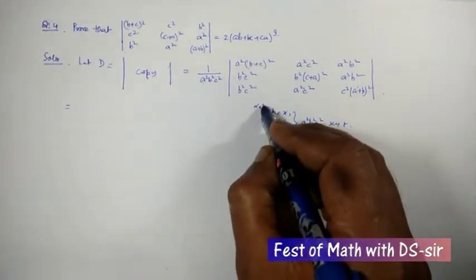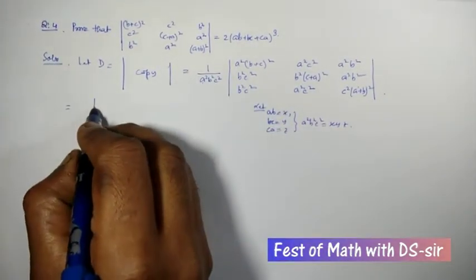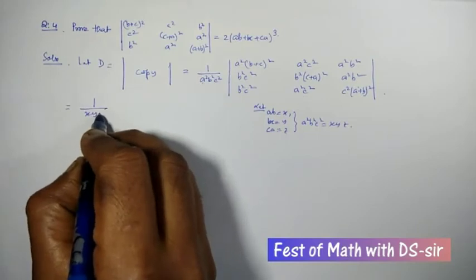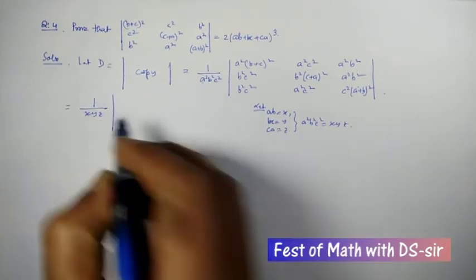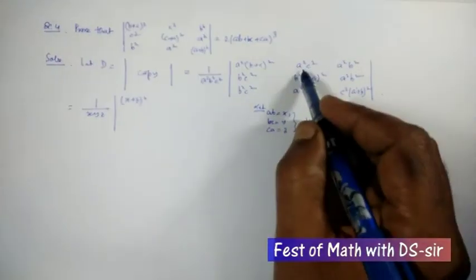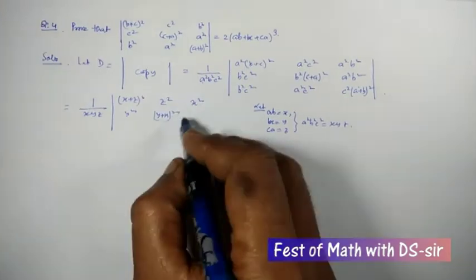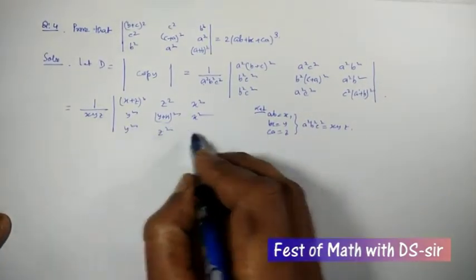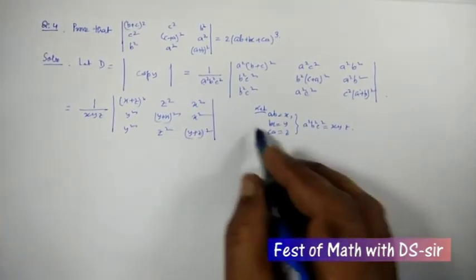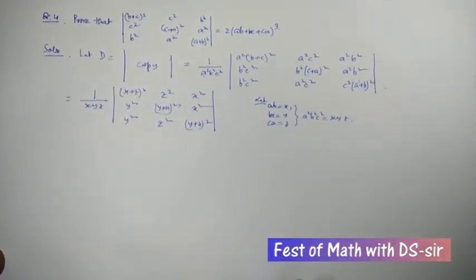So the sum becomes 1 by XYZ. Assuming this, the determinant reduces to this format.